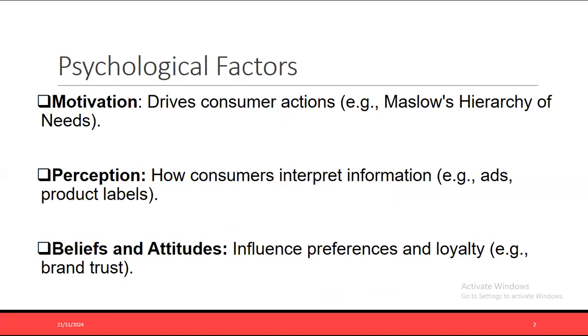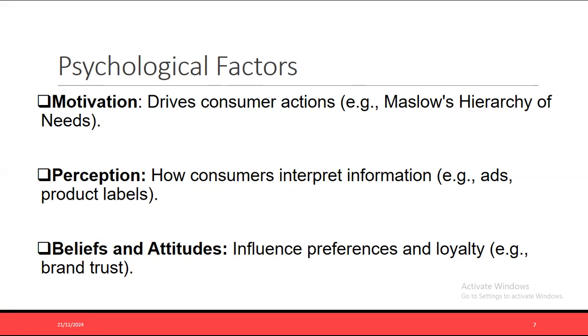So the consumer's motivation, their perception, beliefs, and attitudes about the purchase they want to make or about the need they have identified. The psychological factors focus on the motivation: what drives the consumer to take action?